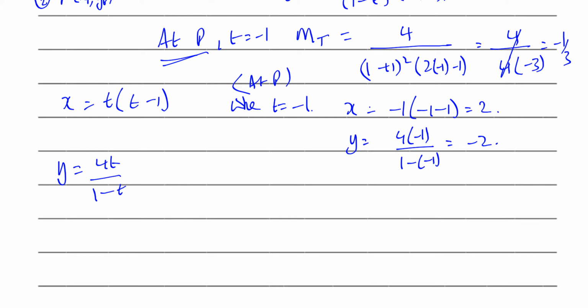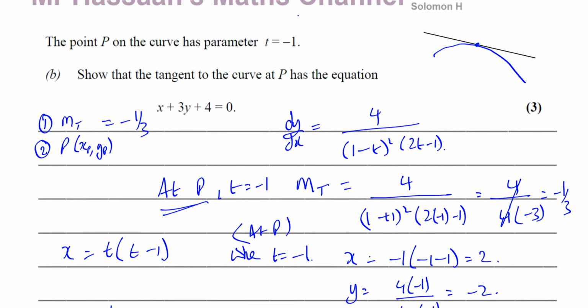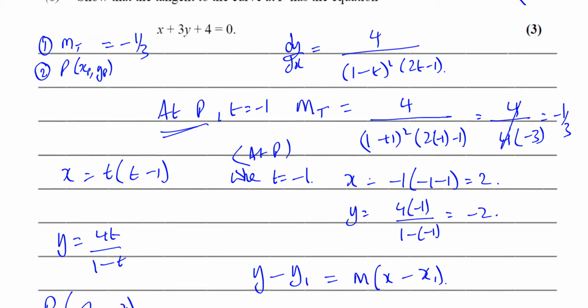So we can say the coordinates of P, therefore, are (2, minus 2), and the gradient of the tangent at P is equal to minus 1/3. Now we can use y minus y1 equals m times (x minus x1) to find the equation in the form we have to give, x plus 3y plus 4 equals 0.